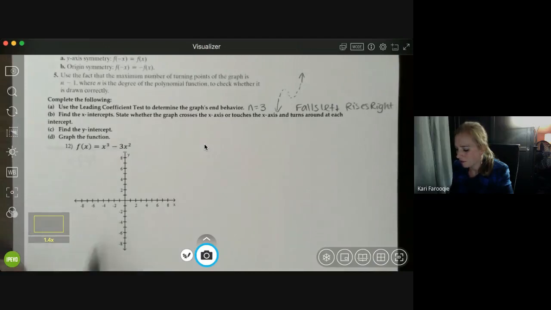If you want to pop that in your graph, fine. I would probably wait until I had some more concrete points because you're going to probably end up erasing it. So I'd probably hold off.